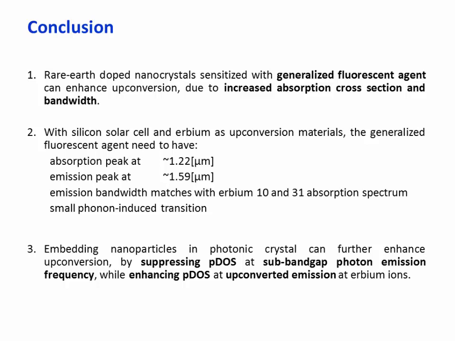And here we give some optimized parameters for this generalized fluorescent agent. By using a photonic crystal, we can introduce a band gap and enhance the photonic density of state to increase the upconversion. So, are there any questions?